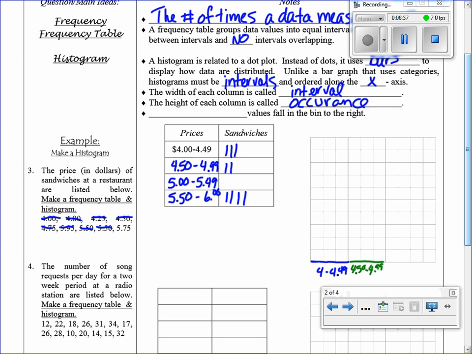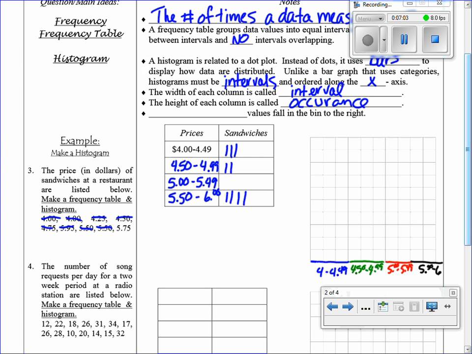Here to here would be 5 to 5.49. And then finally here, I guess I didn't break this up very well, did I? Would be 5.50 to 6. I guess I should have gone by 2s.